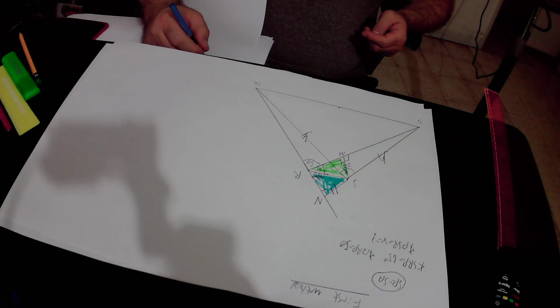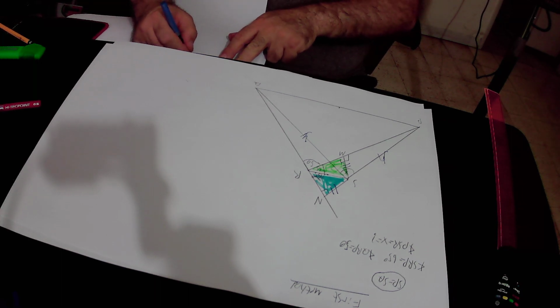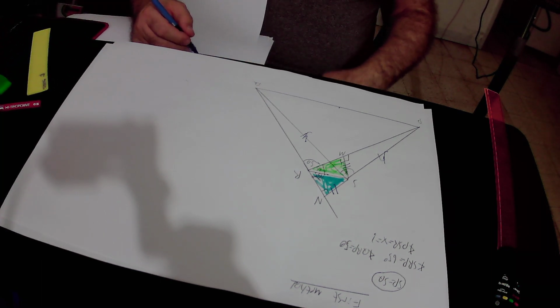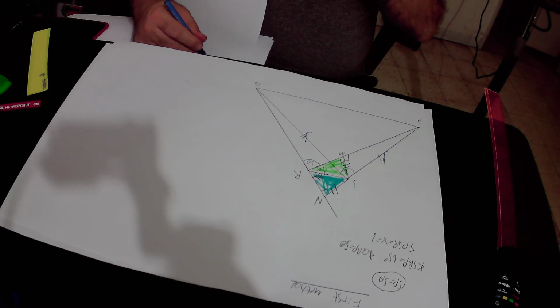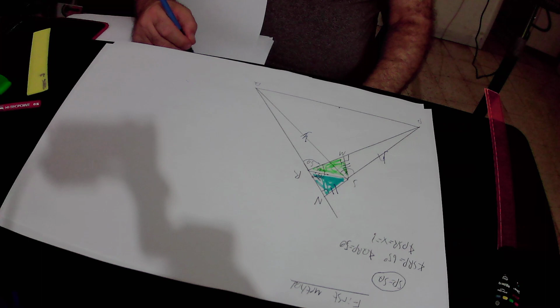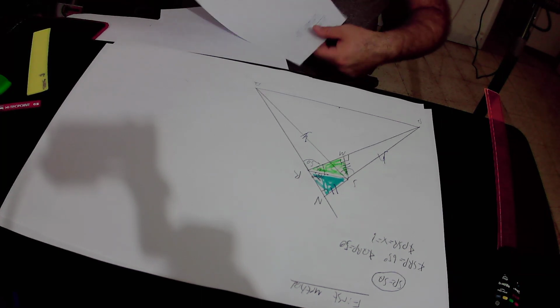In the right triangle SNQ, according to the Pythagoras theorem, SN squared plus NQ squared equals SQ squared.